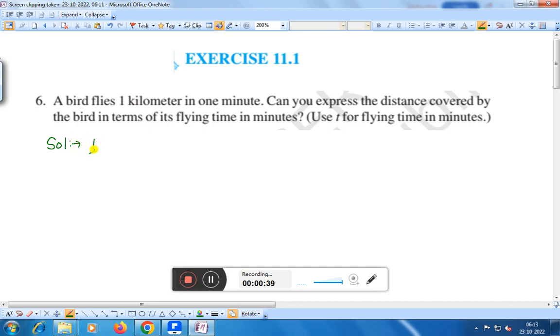In 1 minute, the bird flies a distance of 1 kilometer.